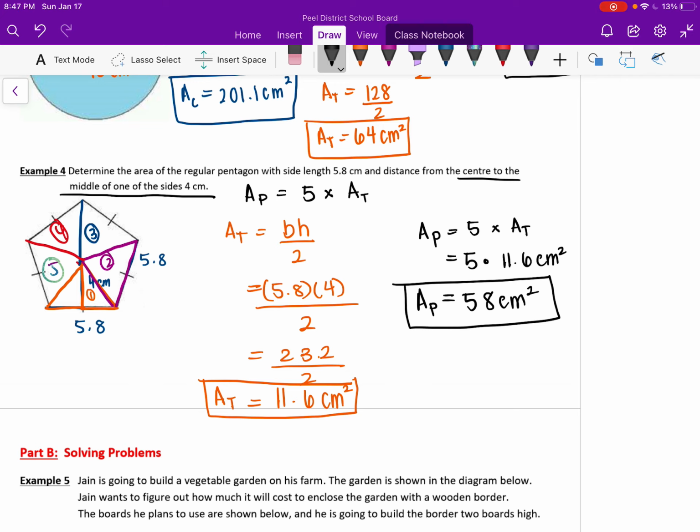You're basically doing 5.8 times 4, divided by 2, and then you would multiply that by 5. So you're essentially doing the same thing. If you want to use the formula, you can. I personally don't recommend it because I think this is a better way to visually see it. Okay?